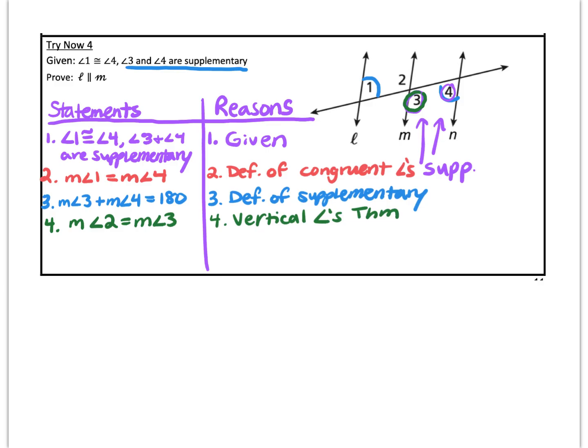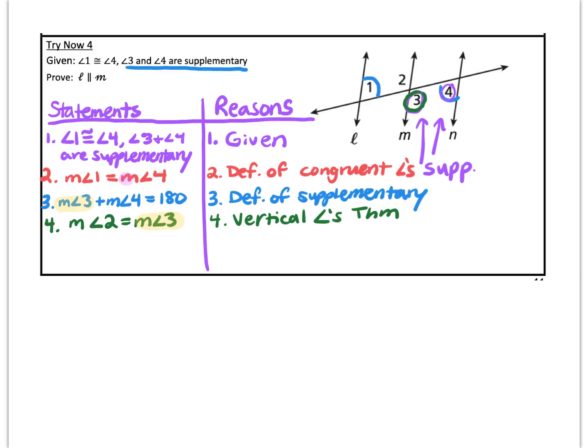Vertical angles are congruent, so angle 2 and angle 3 are equal in measure. Okay, so now we should be able to do some substitution here. Because in my expression right here for angle 3, I could replace the angle 3 with angle 2. And we could also make a second replacement if we look here.